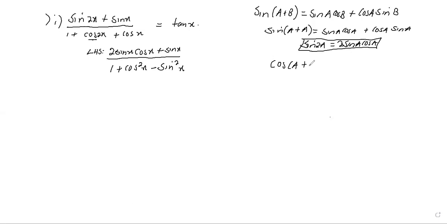If you do cos of A plus A, you discover that you're having cos A cos A minus sine A sine A. So those are compound identities. So from the numerator, as you can see, sine is appearing twice. So we may decide to factor out sine so that we remain with 2 cos x plus 1.